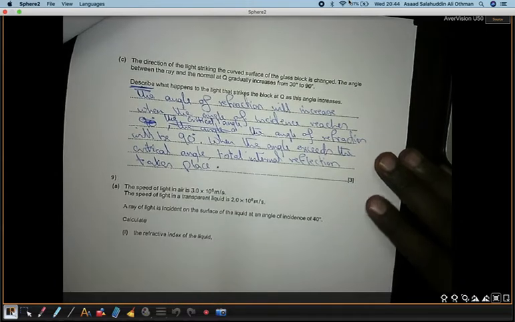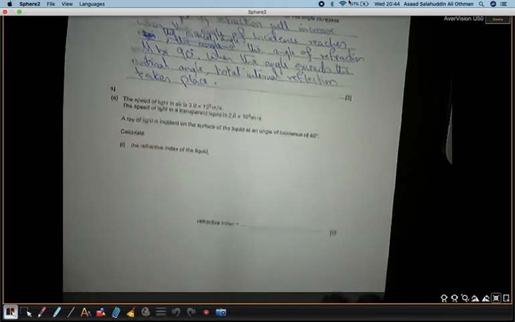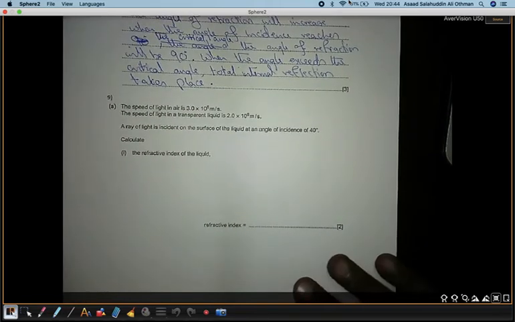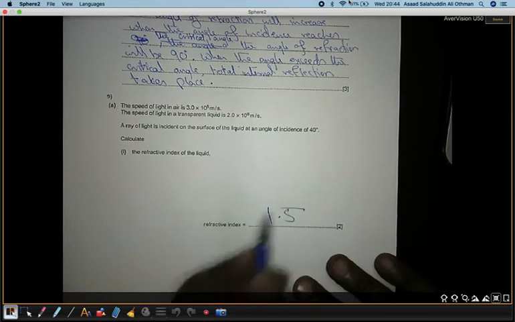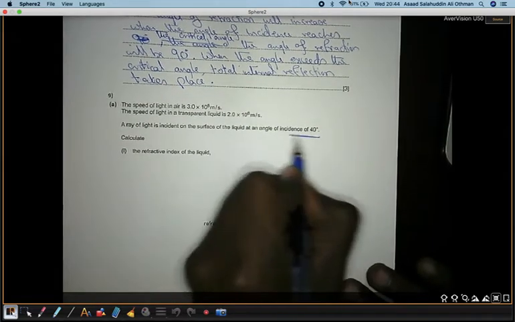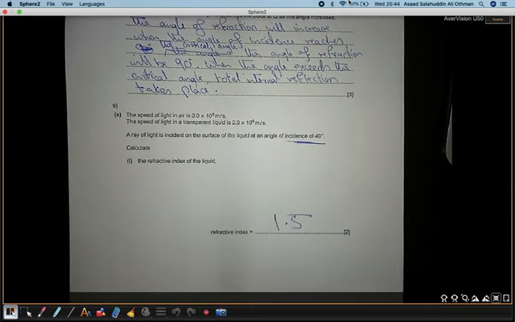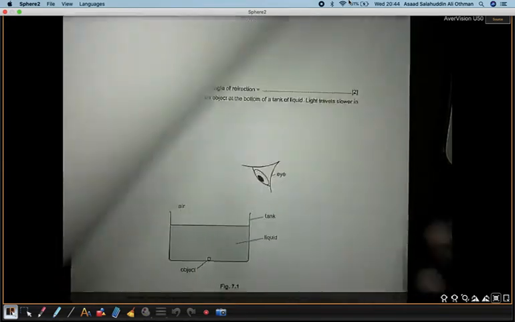Alright guys, so question number 9. I hope that we're almost there. The speed of light in air is given. Calculate the refractive index. I'm not going to do that because I've done it again and again. The angle of incidence is 40 degrees and we want the angle of refraction.